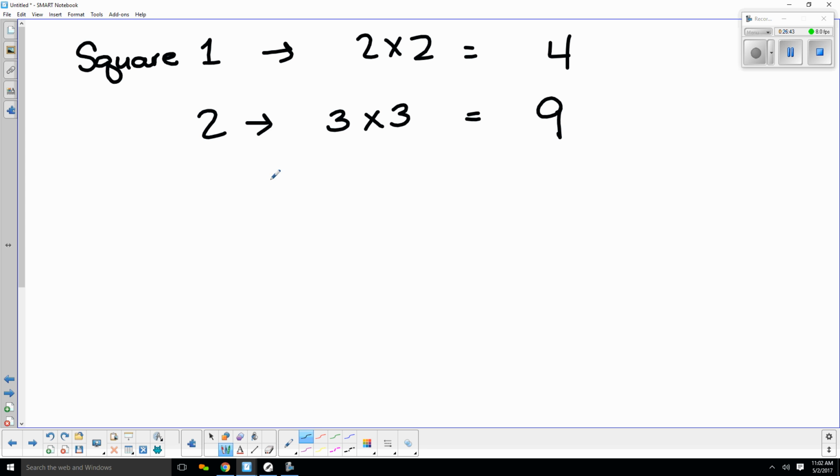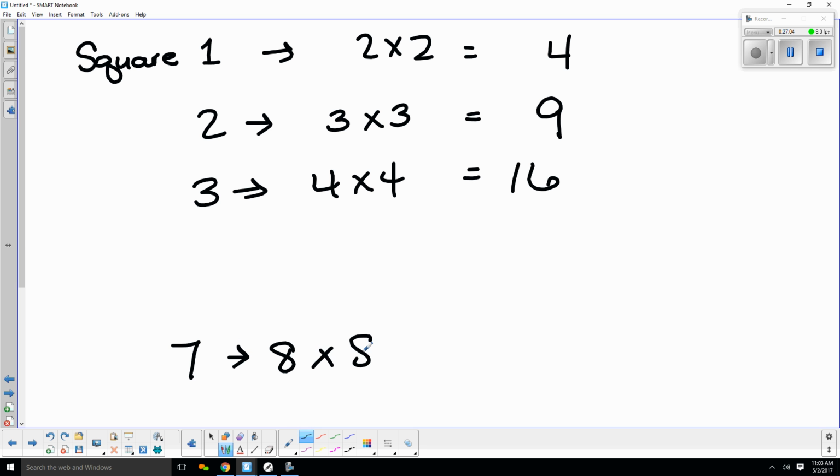So what's square 3 doing? 4 by 4, and it gives me 16. Now, what do you notice between my square number and the sides of my walls? I'm going up 1, right? So if they ask me for square 7, what 2 numbers do you think I'm going to multiply? 8 by 8, which is 64.